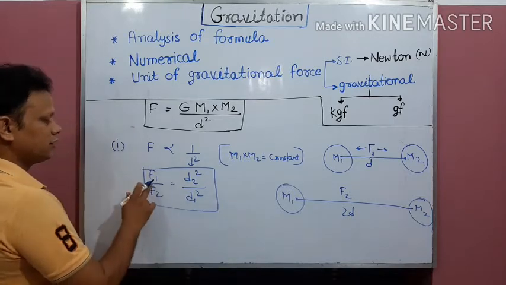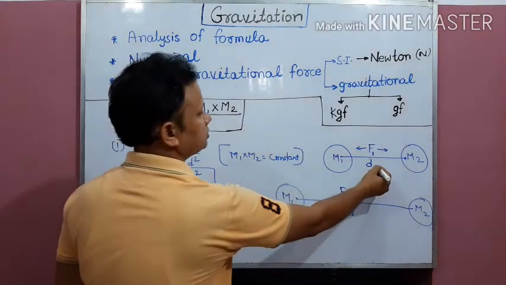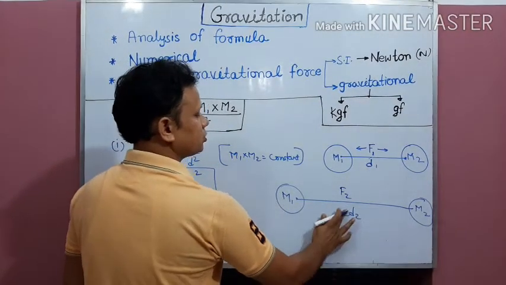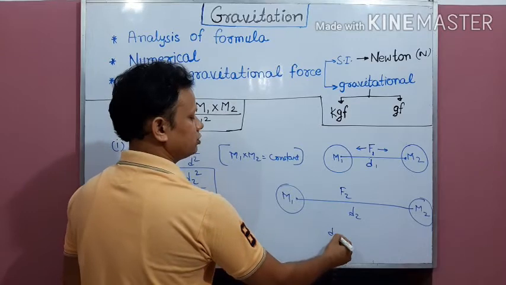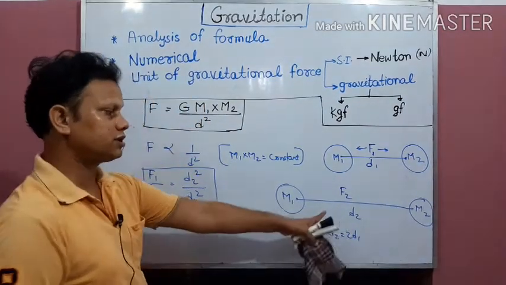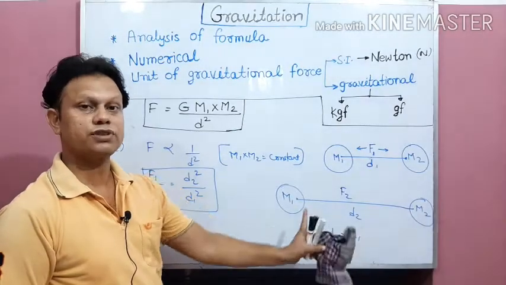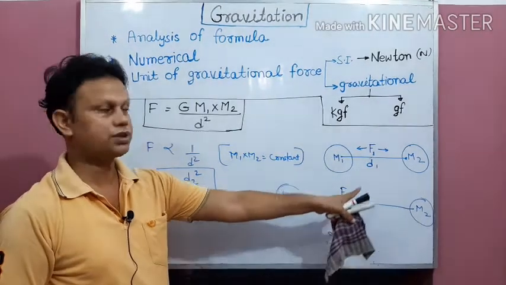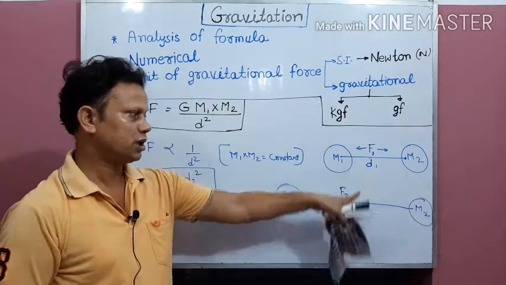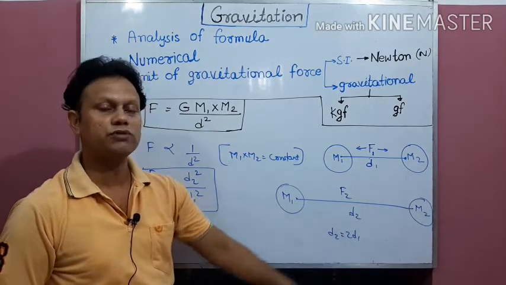Where D1 is the first situation, and this is D2. So we can write D2 is equal to 2D1. So D2 is the distance between two objects of same masses in the second situation, and D1 is the first. And the relation we have taken is that D2 is double of this.